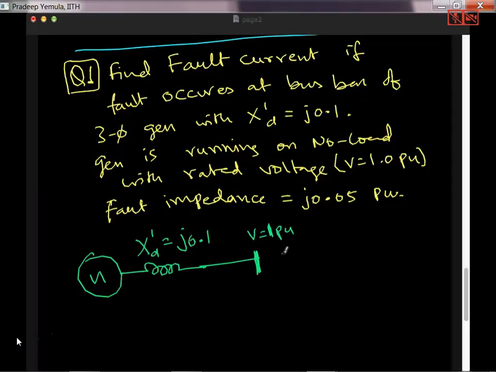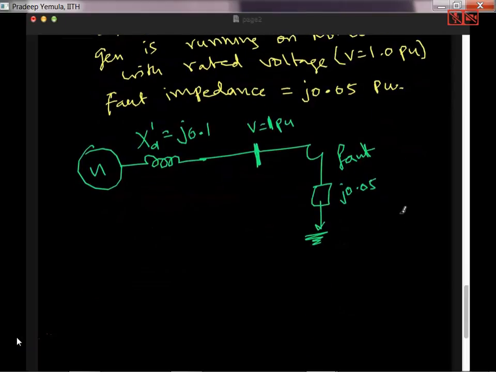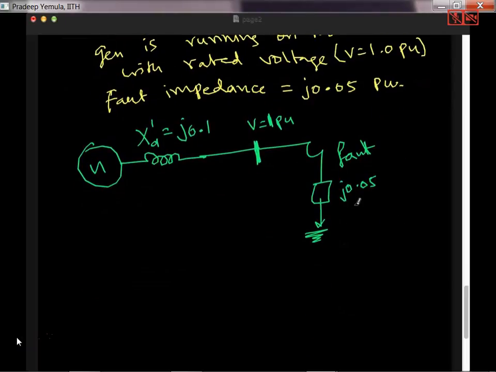Then there is a fault occurring here. The fault symbol is like this, and the fault impedance is j0.05. So now the objective is to find the fault current. Let's denote this current as I_F.